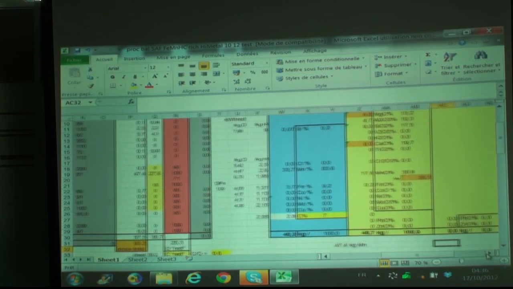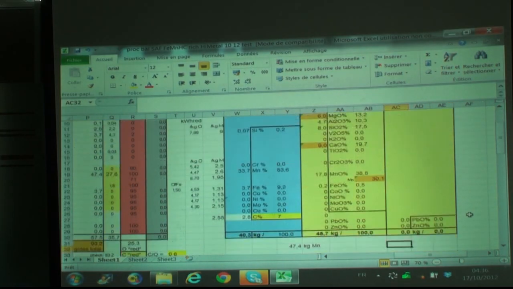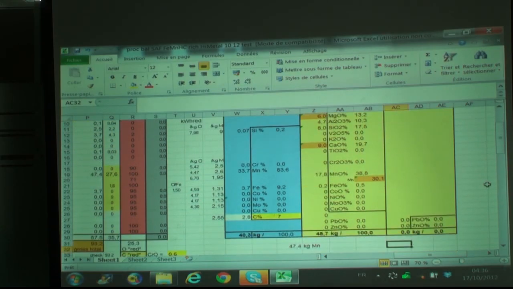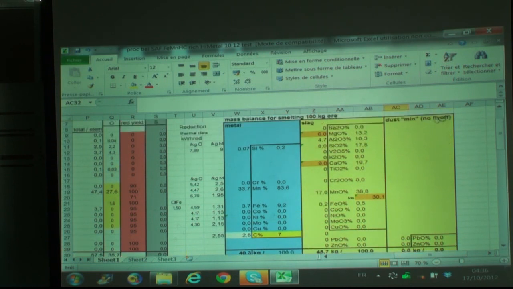There is a group of columns that I call dust minimum. Dust minimum is the dust you will obtain even if you have no fly off, because of course in our mass balance we don't consider the fines that are flying off, that are sucked off during charging.